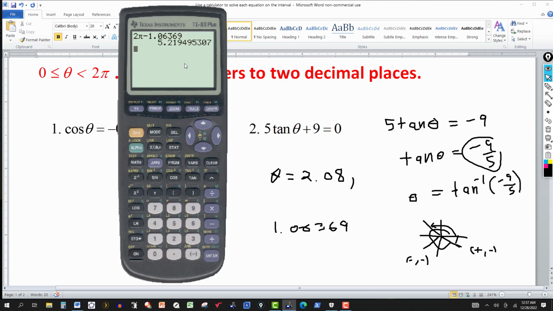There it is. Run that out to 2 places. This then will give me 5.22. So the two answers for this equation in the interval from 0 to 2 pi are 2.08 and 5.22. Thanks for watching. We'll see you next time.